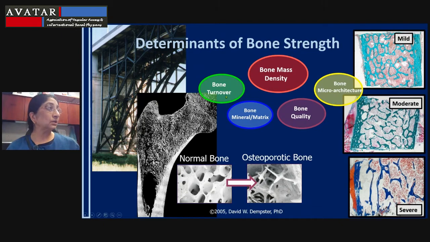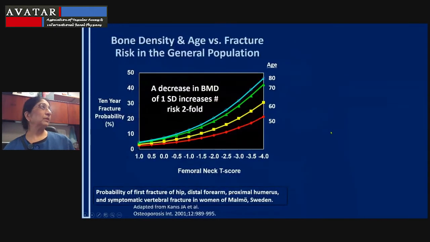We can measure bone turnover basically on histology, and we can measure bone microarchitecture using a high resolution peripheral quantitative CT scan, but HRPQ-CT at the present day is still in the realm of research. Examination of bone mineral matrix parameters and bone quality still are confined to the realm of research.